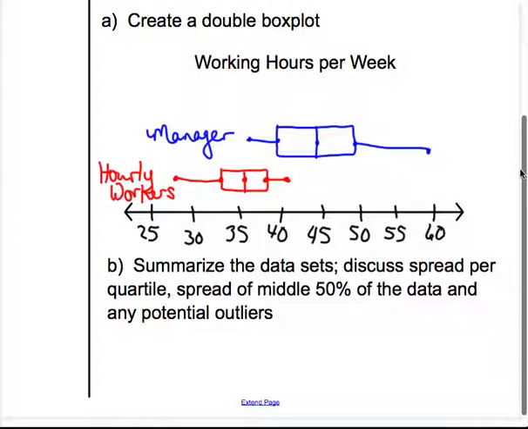So to summarize the data, remember, as we look at this, each piece of the box plot shows 25% of the data. So looking at the managers, this would be the first 25% of the data, this would be the second 25%, third 25%, and the upper 25%.